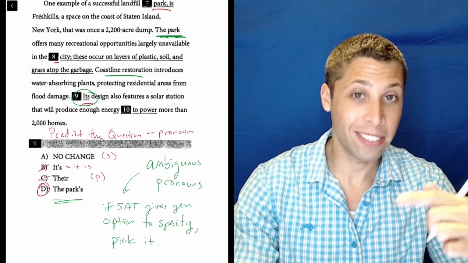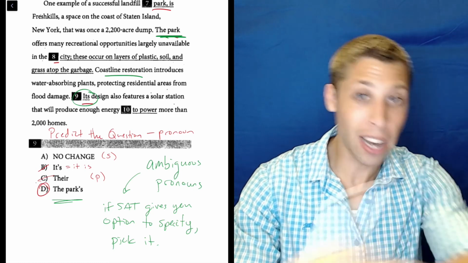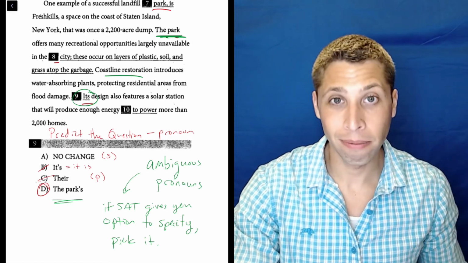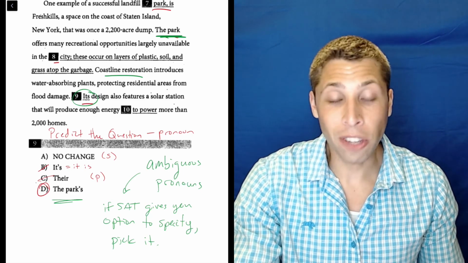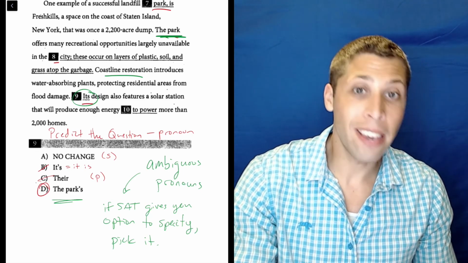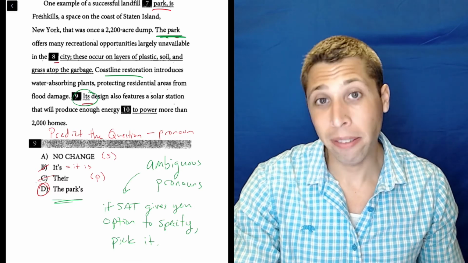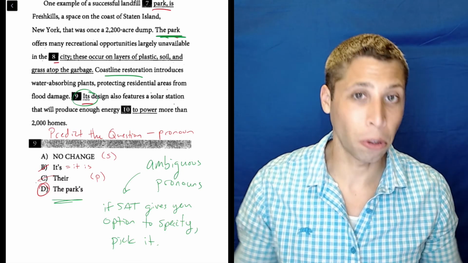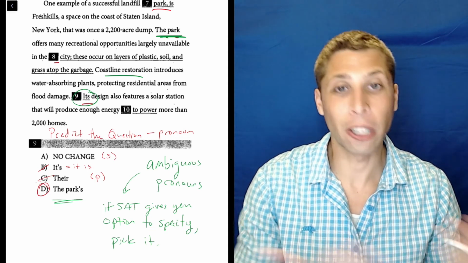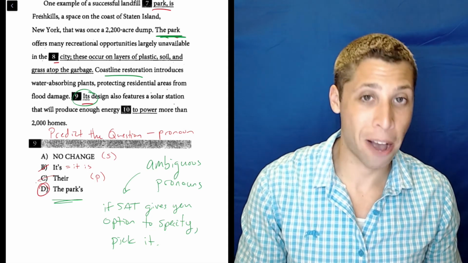If they give you an option to use the noun instead of the pronoun, then use the noun. It's just how they do it. You may be able to understand what they meant without it, but we know from experience and the way the SAT tests this particular rule that they are including the more specific noun for a reason.